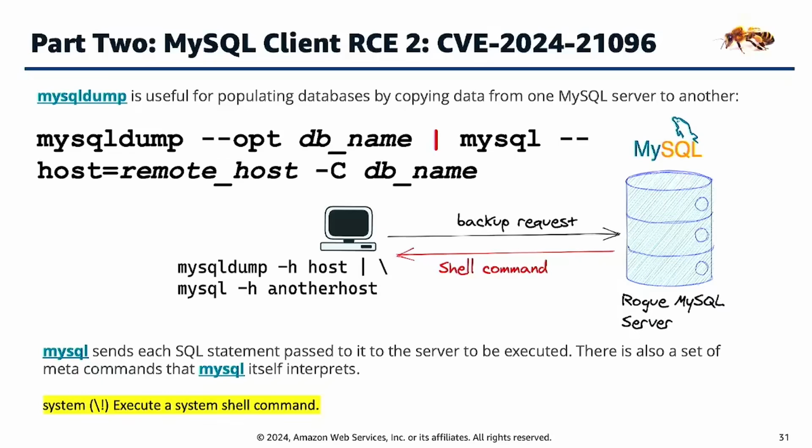Now, the MySQL command line client has the ability to execute shell commands. And because it can execute shell commands, your rogue server can actually push anything to the client. So, what if we push something?